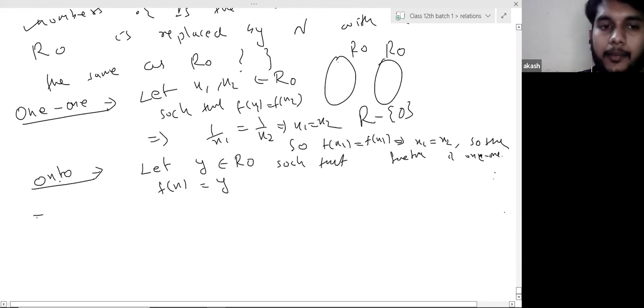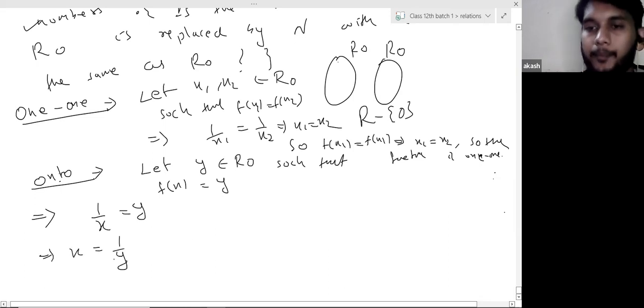So this implies that, what is f of x here? 1 upon x. So we can write 1 upon x is equal to y, or x is equal to 1 upon y. Right? I think till this no one has any doubt. All right. Now y can be any value from R0. That means except 0 we can put any value of y.